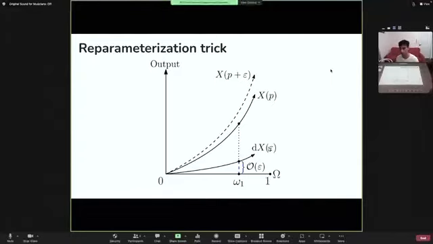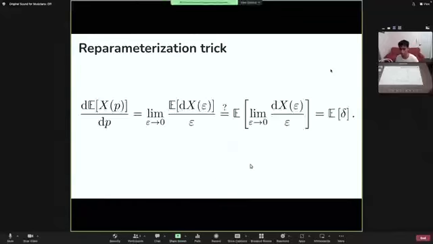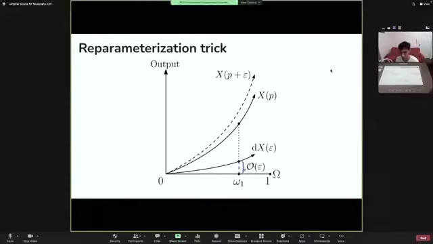Yeah, and the final piece of the puzzle, that's a bit scary, is that now that we have differentials, we can just take the derivative pointwise at every omega. If you fix omega, it's moving in a nice, well-behaved way.